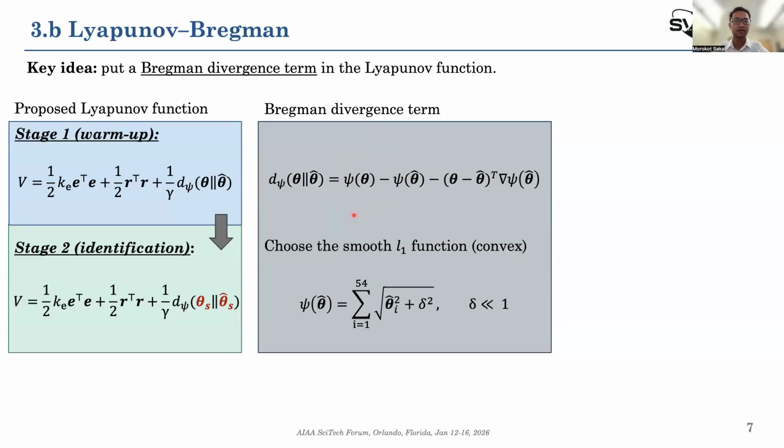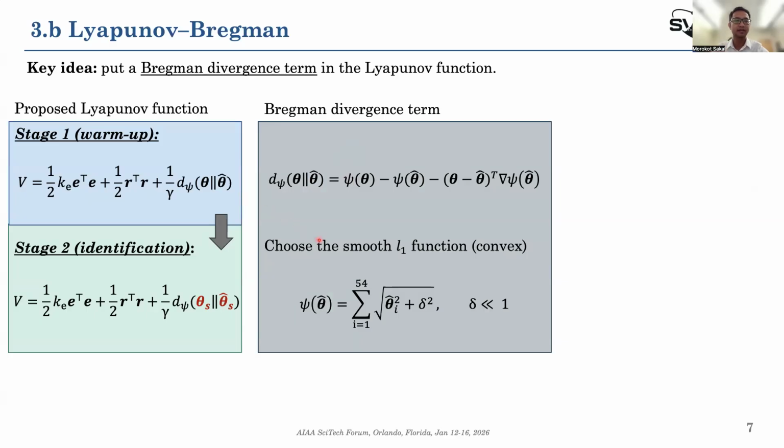And now it depends on this convex function psi of theta that we can propose. So now you have a series of geometry functions that you can input into this convex function. For example, if you use an L2 function, it will become just a quadratic term that you see normally in the Lyapunov definition. But in our case, we want to promote sparsity, we want to only select some terms that are important.